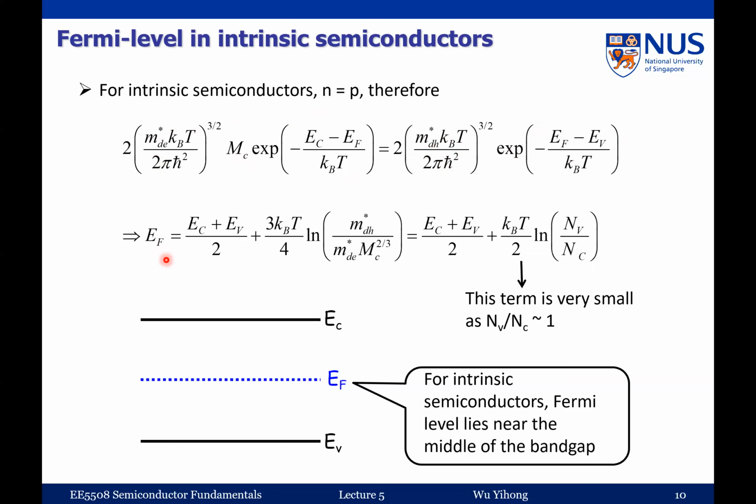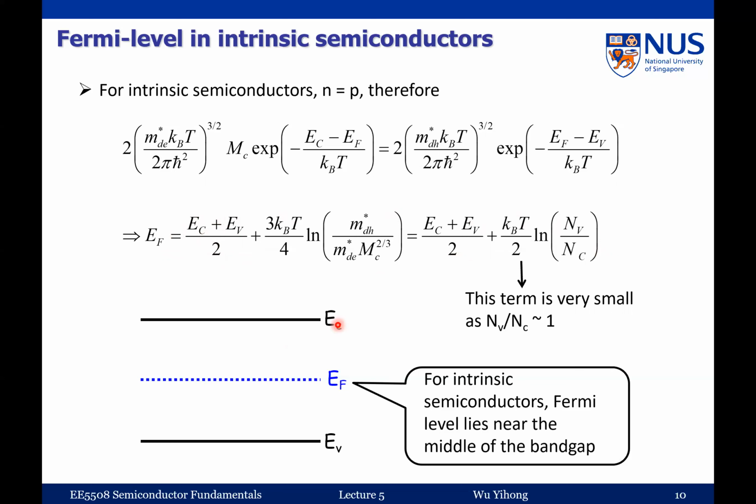Right? As I just said, EF is the single most important parameter for semiconductor statistics. This means once you know EF, you know many things about this semiconductor, right? So this EF is simply given by two terms. The first term is EC plus EV divided by 2.